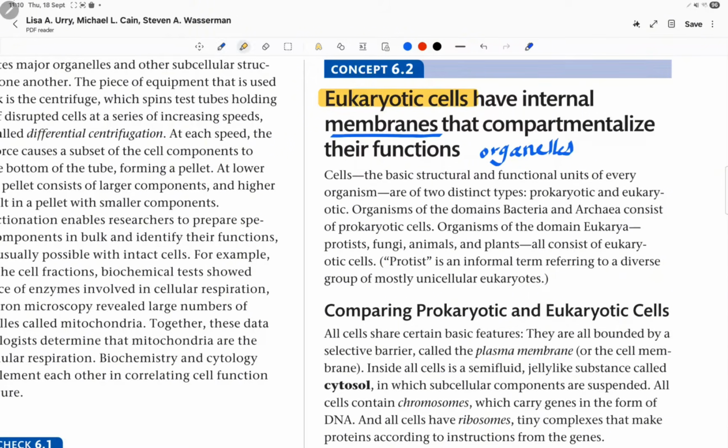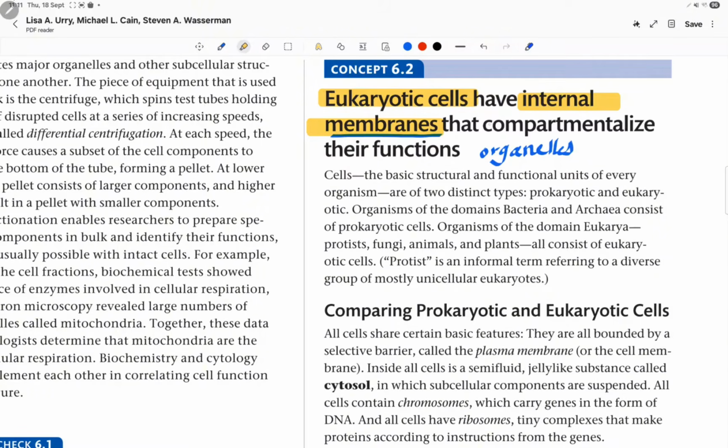These membranes are called internal membranes, which result in compartments. It's like when you have a library at home, you have compartments. You place the books here. You place, I don't know, your other things, maybe notebooks, maybe pencils. That's called compartments. The word in biology is compartmentalization.